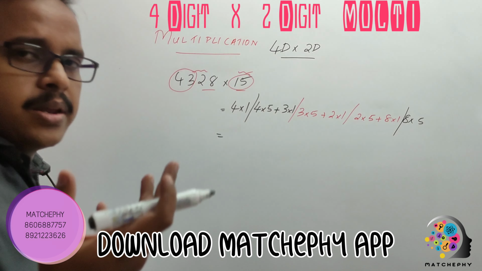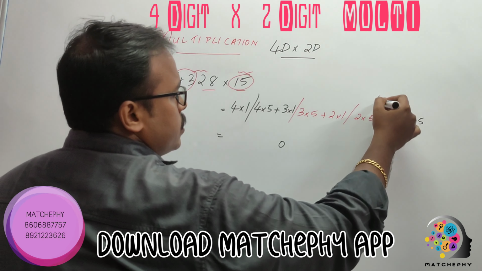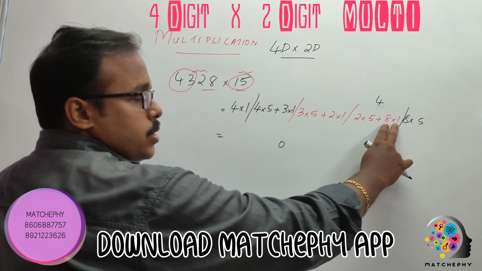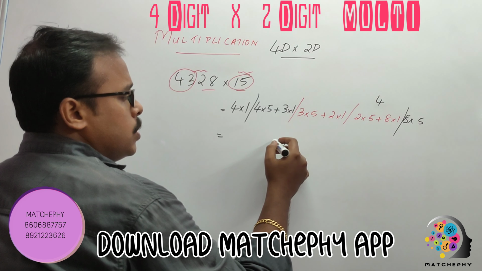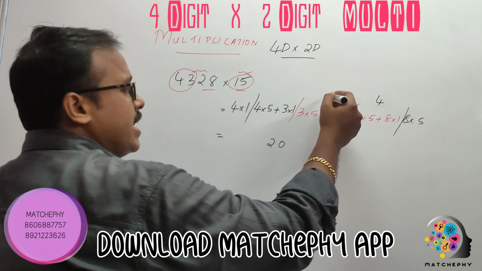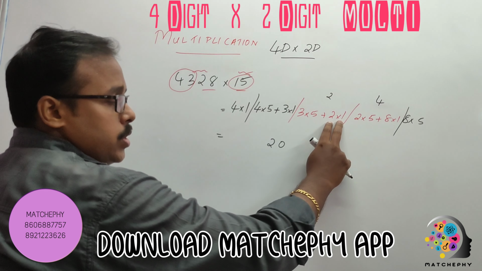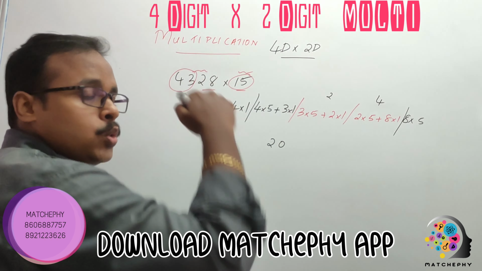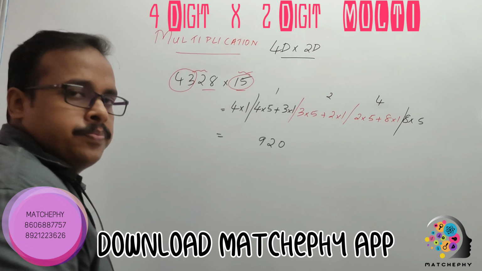Now we'll go for the carryover. Very easy. 5 into 8 is 40, 0 and 4 is a carryover. 2 fives are 10, plus 8 into 1 is 8. 10 plus 8 is 18, plus 4 is 22. Again 2 is a carryover. 3 into 5 is 15, plus 2 into 1 is 2, so 15 plus 2 is 17, plus carryover 2 is 19, and 1 is a carryover.